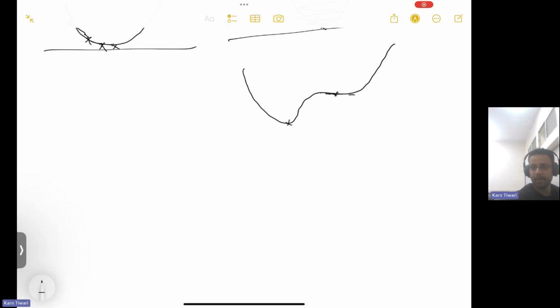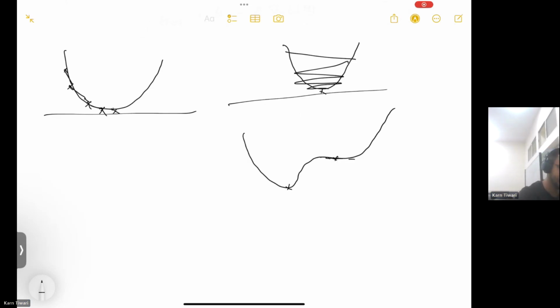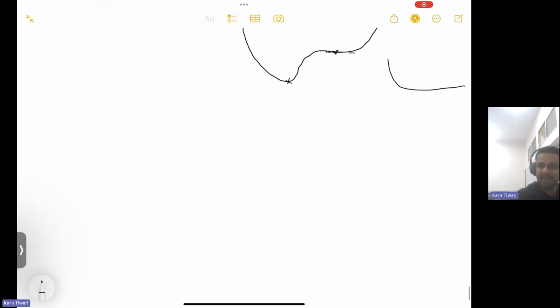If at a certain point my slope is very high, like in this case, then in one step a lot of decrement will happen. In another case, as I mentioned, it will be very low. So it all depends upon the gradient. Gradient plays a very important role, but sometimes just following the gradient blindly is not that useful.